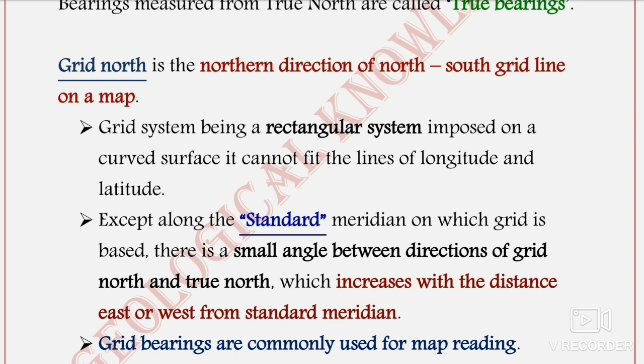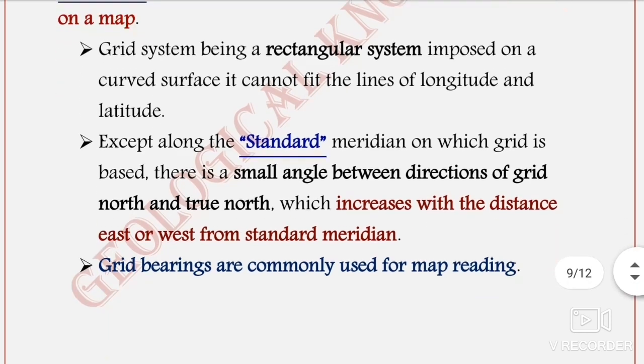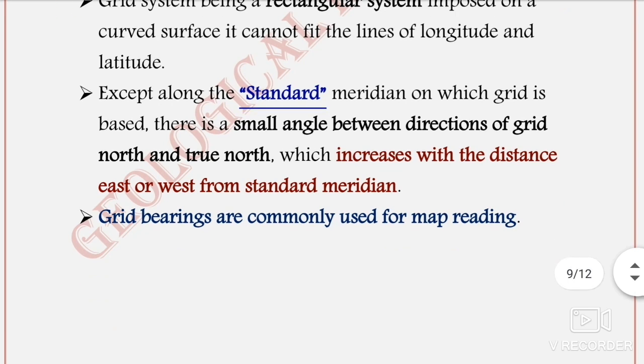The grid system being a rectangular system imposed on a curved surface, it cannot fit the lines of longitude and latitude, except along the standard meridian on which the grid is based.